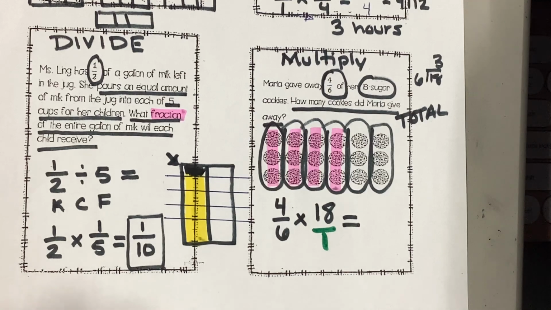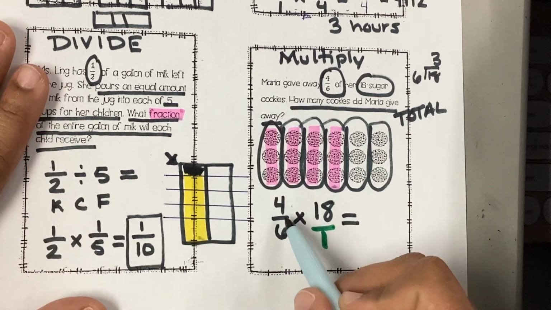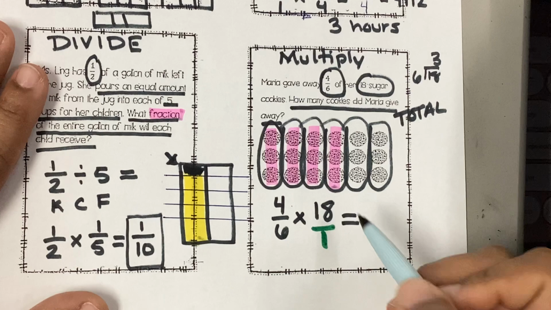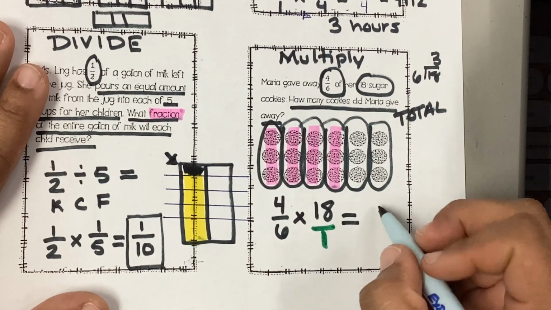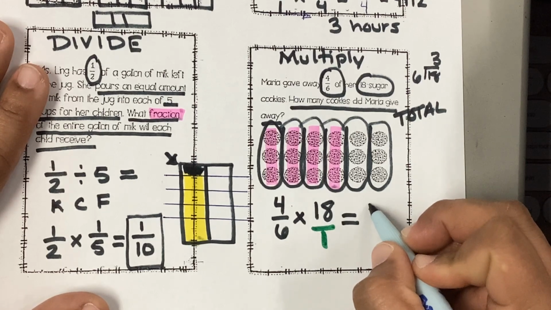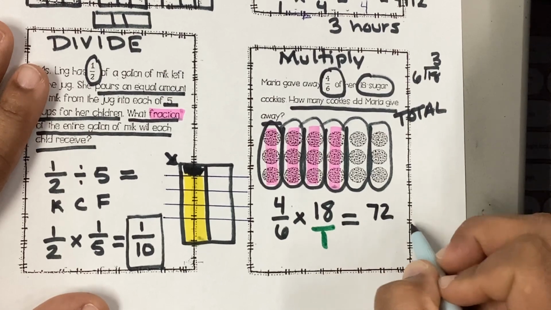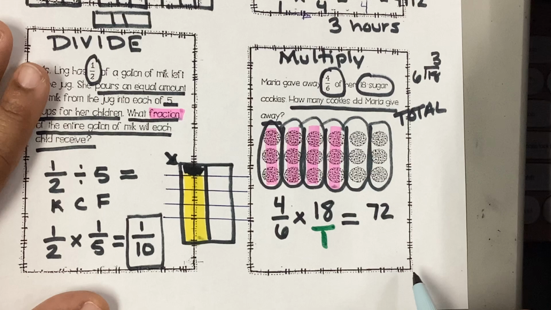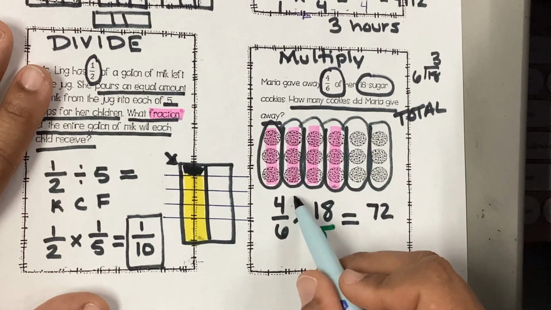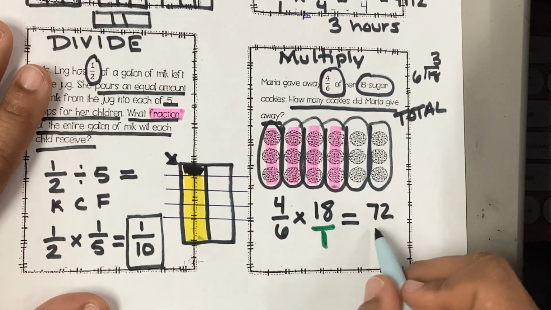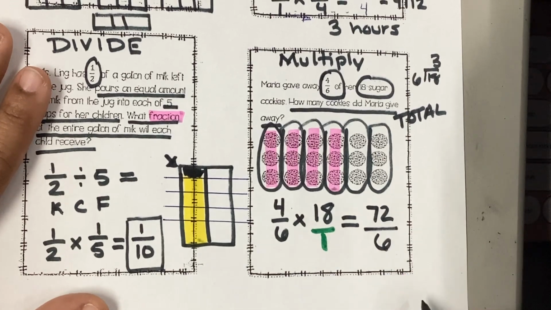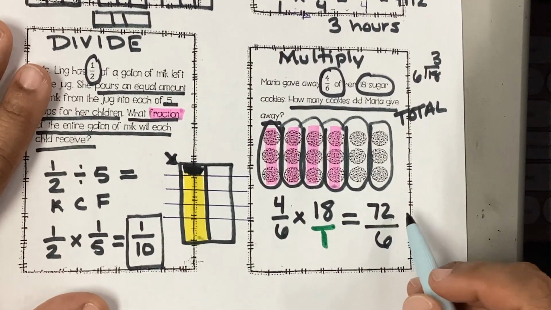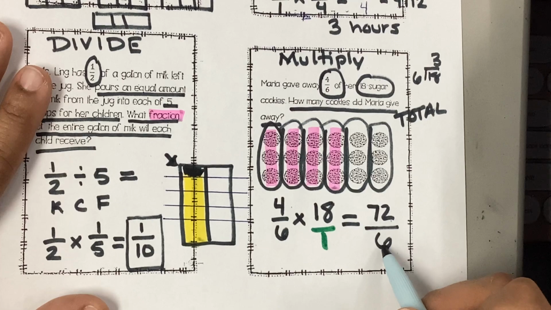Then we're going to multiply straight across. 4 times 18, and I'm just going to do this off the top of my head, is 72. But if you need to do side work, it is perfectly fine to do side work. 6 times 1 gives me 6. So we're left with an improper fraction, 72/6.